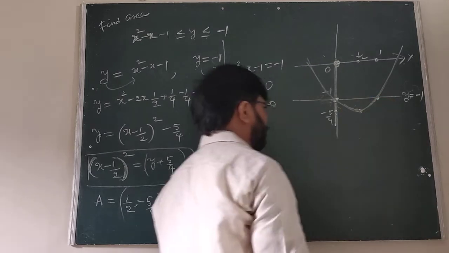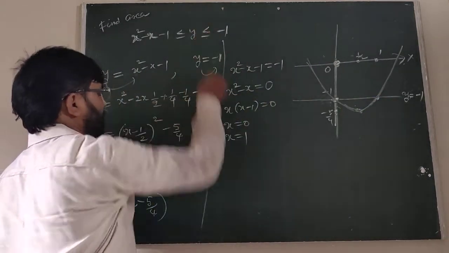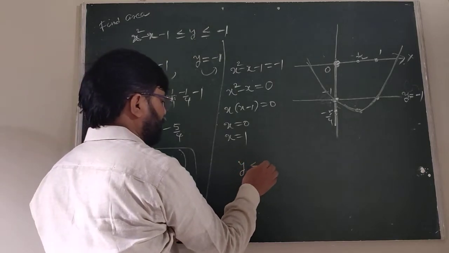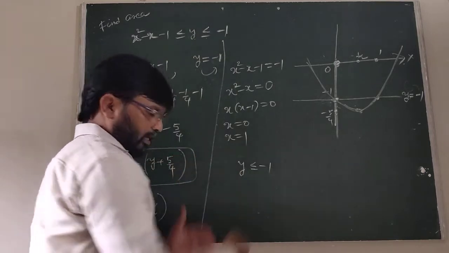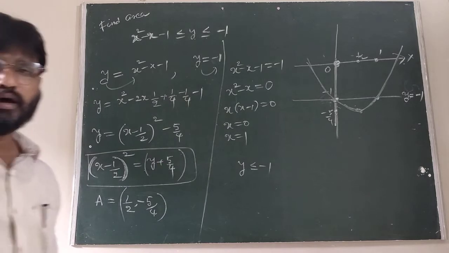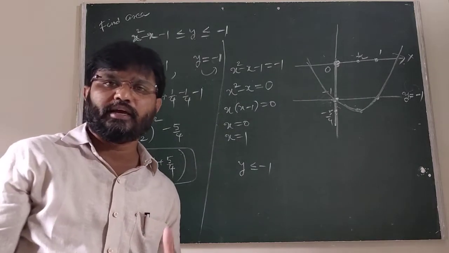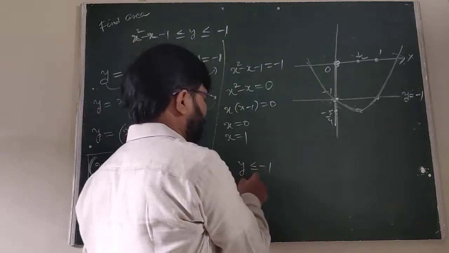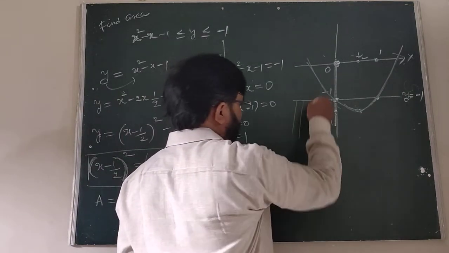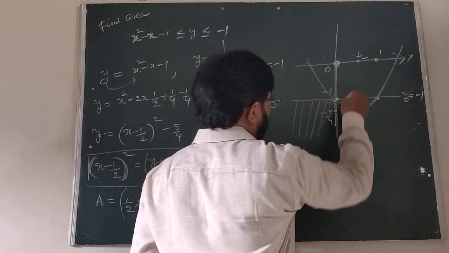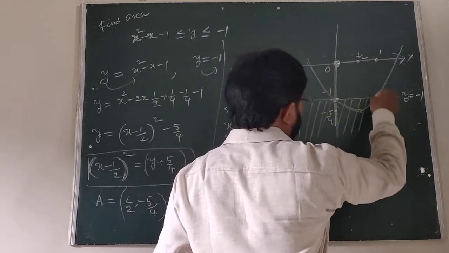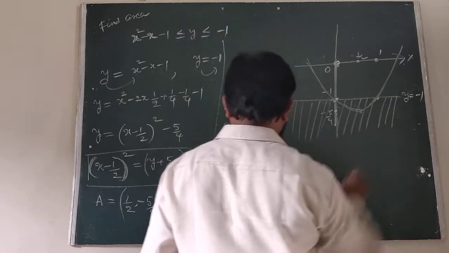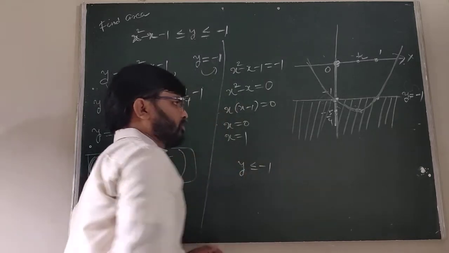First we write what is given, that y is less than or equal to minus 1. The lines are below minus 1. All the negative numbers, minus 2, minus 3, minus 4, are less than minus 1. Therefore, these are all y less than or equal to minus 1.